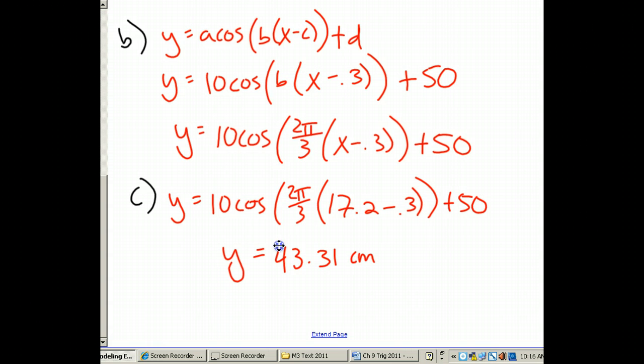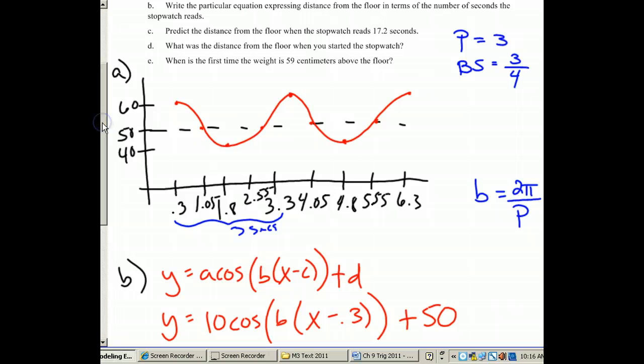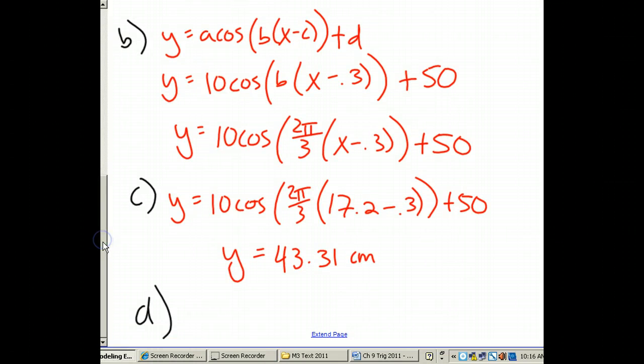Now part D is asking a similar question. Let's scroll back up and see what it's asking about. D says, what was the distance from the floor when you started the stopwatch? So again, if I'm asking for the distance, we're looking for our y value. And when I start the stopwatch, I want to say, okay, what was it at time 0? So what was it at time 0 is what we're looking for. So again, in for x, we're plugging a 0.